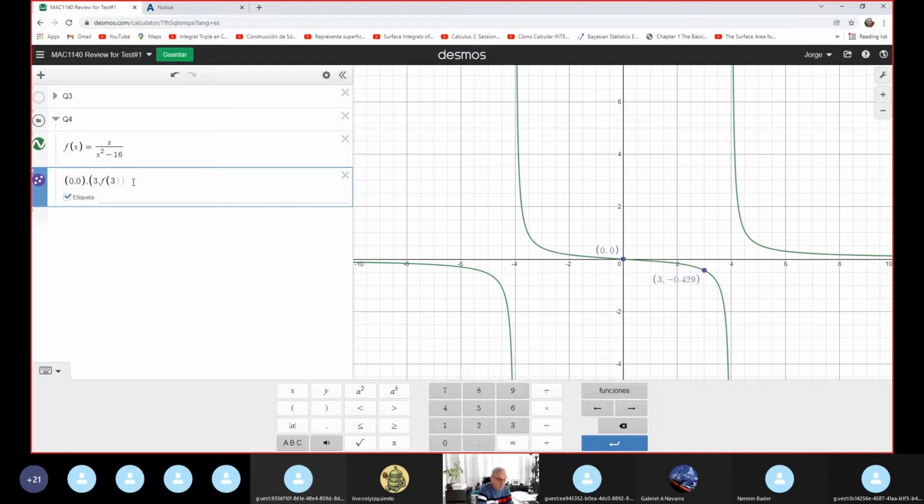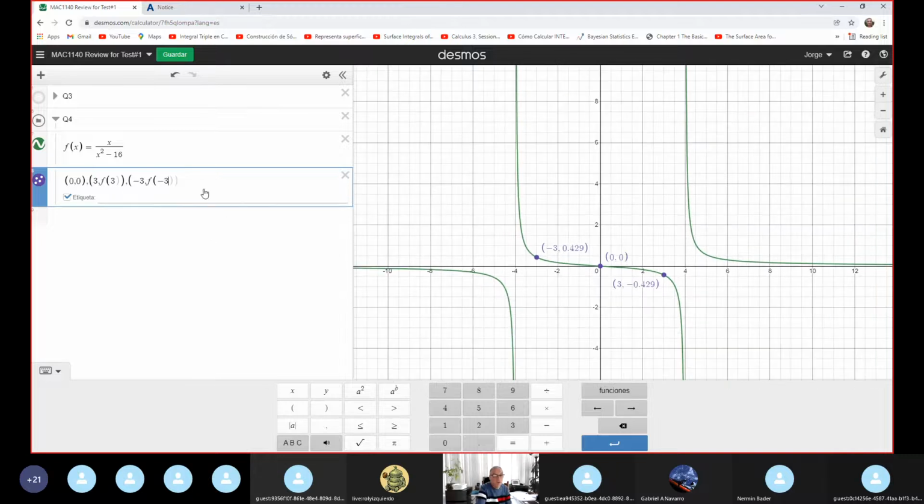And also why not negative 3 comma f evaluated at negative 3. That's it. And why not 5 comma f evaluated at 5. Where is this point? Oh yeah, there you go. Fantastic. Then negative 5 comma f evaluated at negative 5.